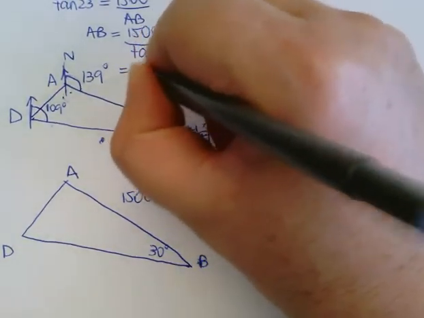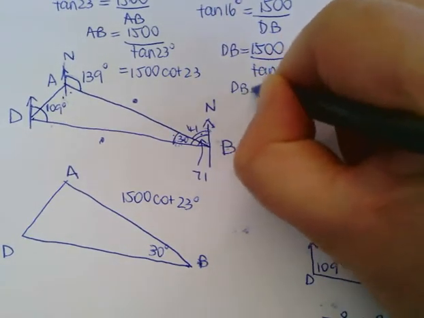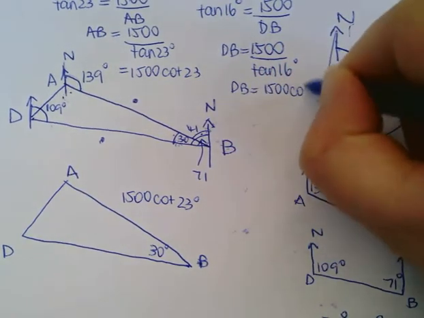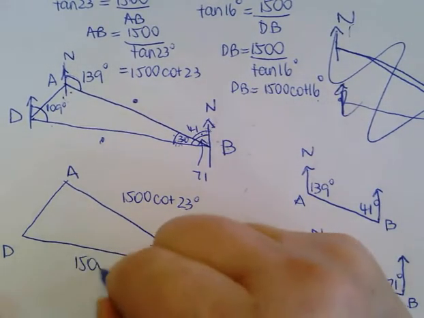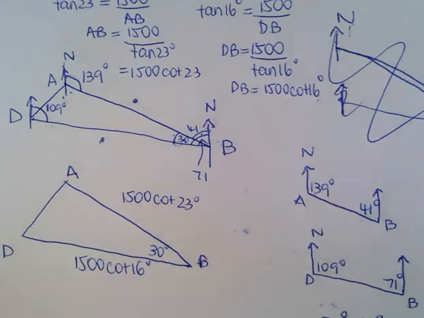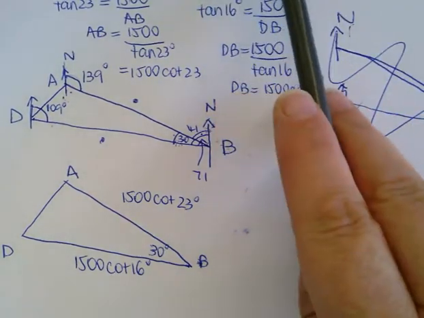And so that's 1500 cot 23. And DB is 1500 cot 16 degrees. Can you see now? Two sides and the included angle. You can use cosine rule to find the distance and bearing of the life raft.